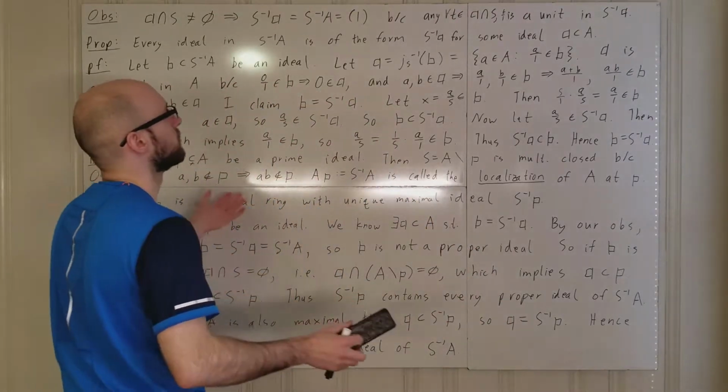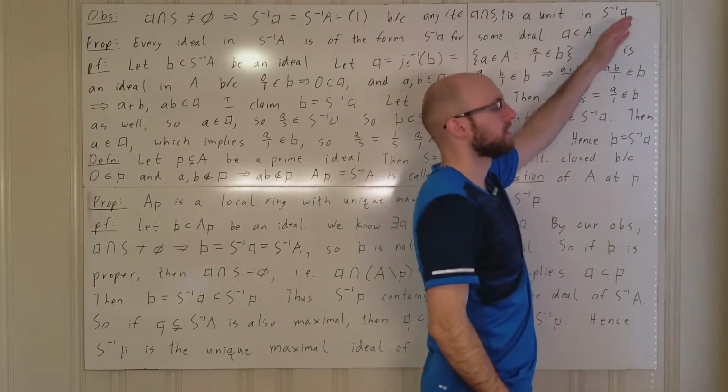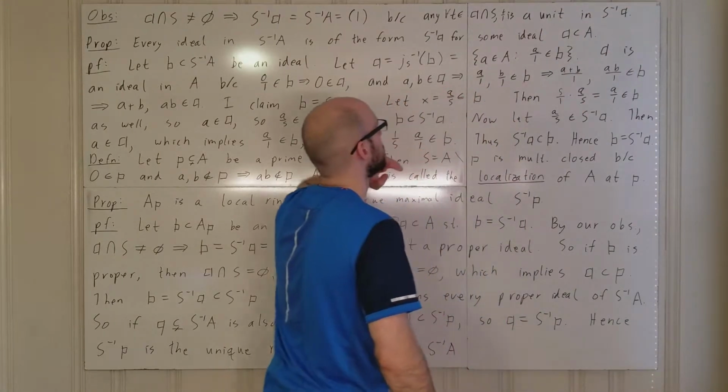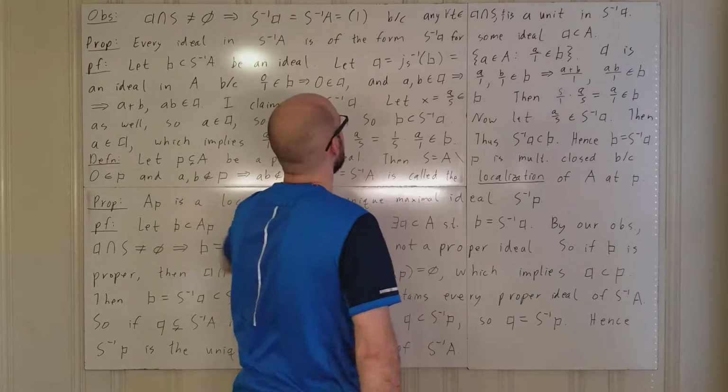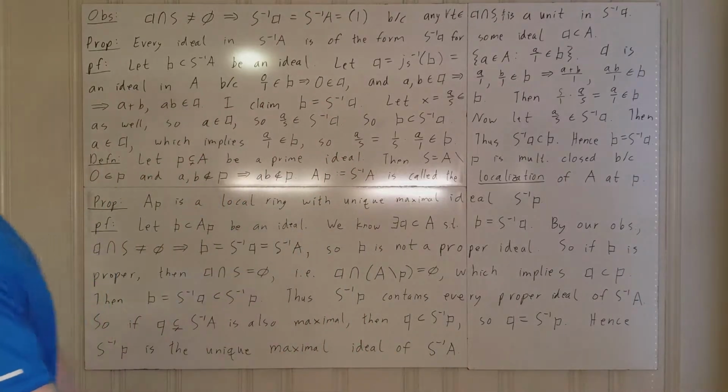And we know that 1 over t is going to be in S inverse A because, oh, wait a minute. Let me just make sure. This should be just a really easy one-line proof, and there shouldn't be any tricks going on in here. This is just a very quick observation.